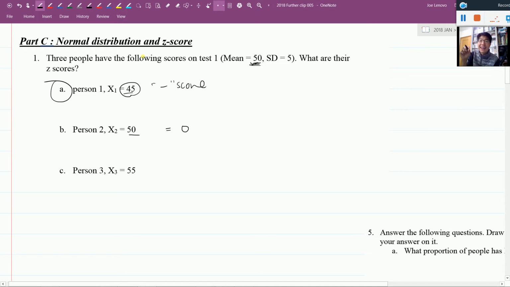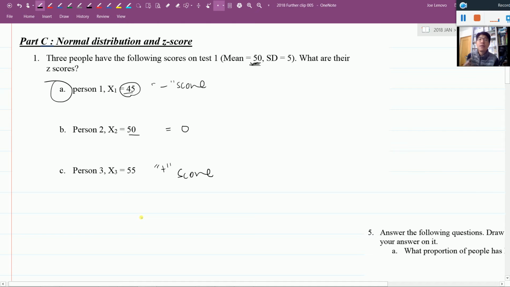It's right there. For a z-score, 0 is good because you're right in the middle. You are the majority. You rule the bell curve. Person C is a bit higher, so that would be a positive score, right?